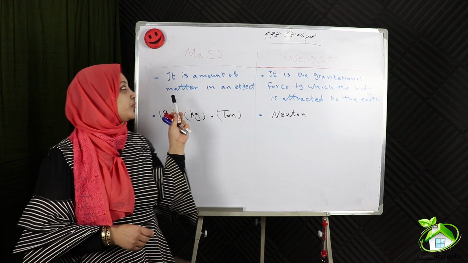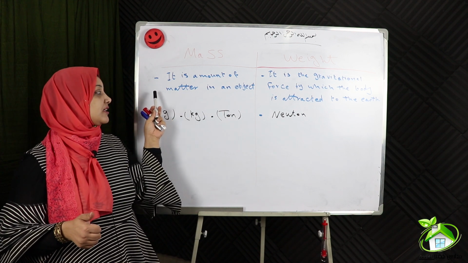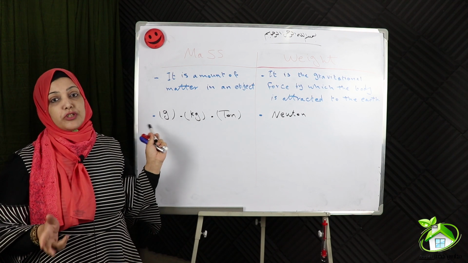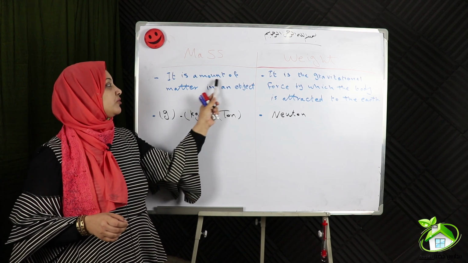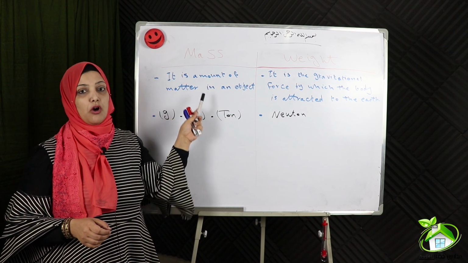The comparison between mass and weight is about the definition, the units which we use, and the tools which we use. About definition, mass is the amount of matter in an object.